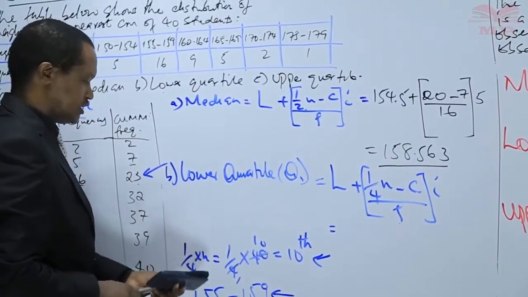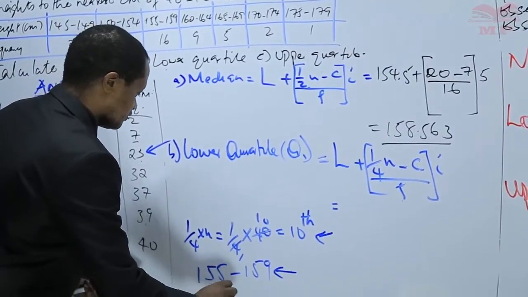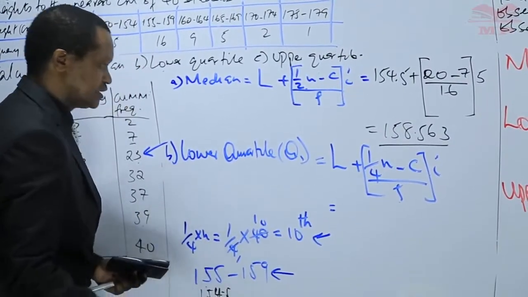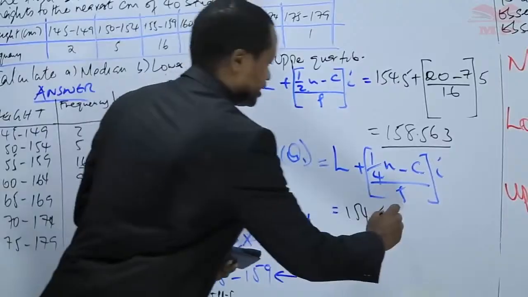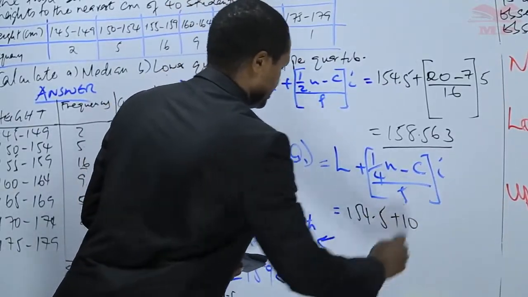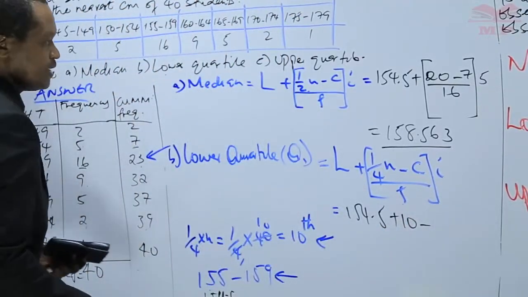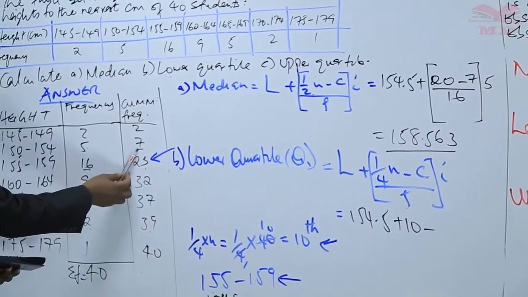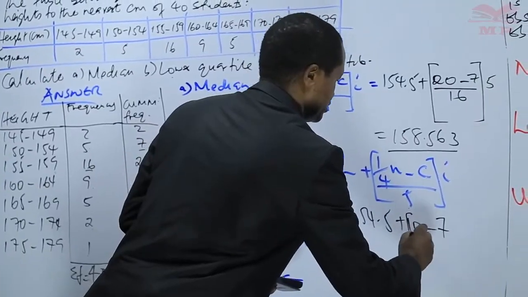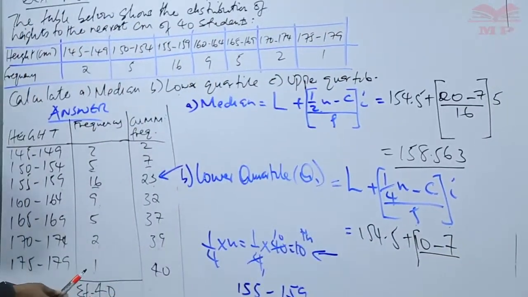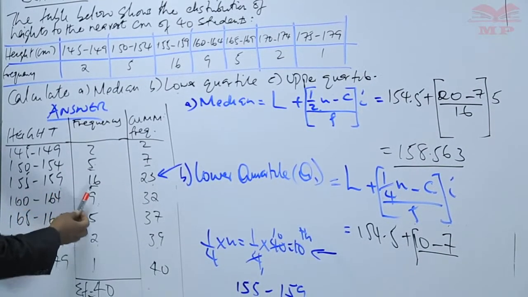The lower class boundary here will be 154.5, just like the other case, plus 10, a half of n, minus the cumulative frequency above the first quartile class, which is 7, over the frequency of the first quartile class, which is equal to 16.